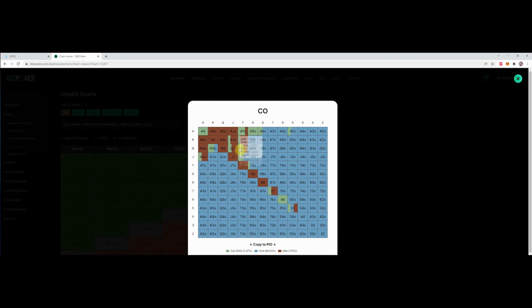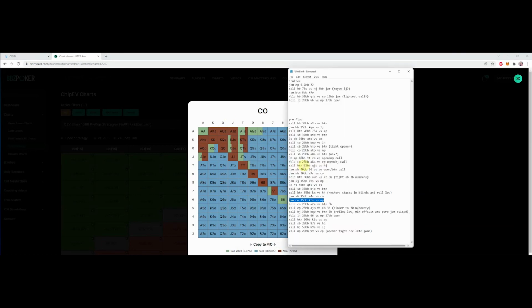Pretty happy to see that we were on point. And you can see even with this sliver of call here, I would mainly just use this to pure jam. Now, I guess it does make sense, and this is probably something else that I should have written down here. I could have written, I jammed the cutoff with 15 big blinds with King 10 suited versus EP, but there would be a big difference if EP was opening with like 30 big blinds plus, as opposed to if EP was opening a 15 to 20 big blind stack.